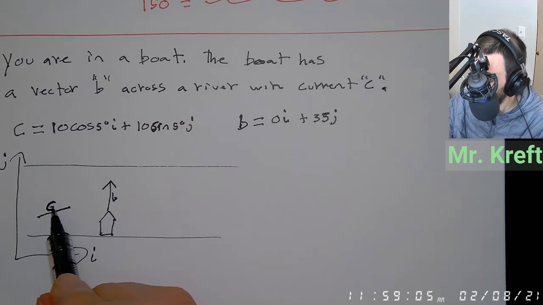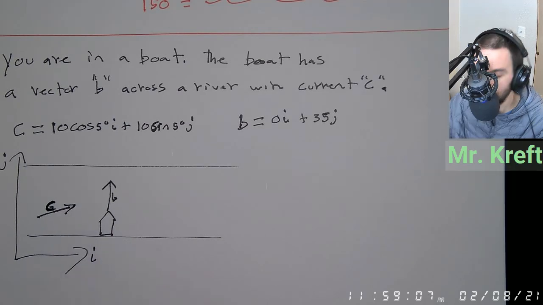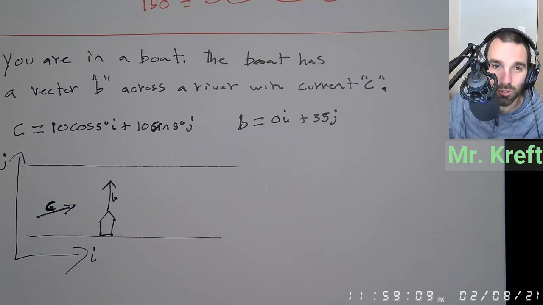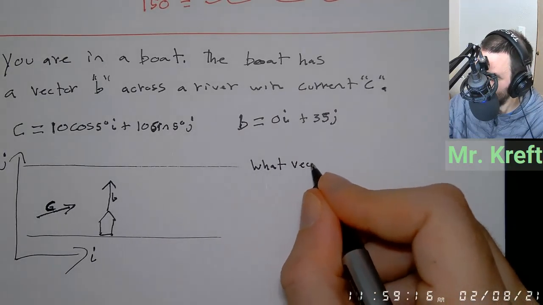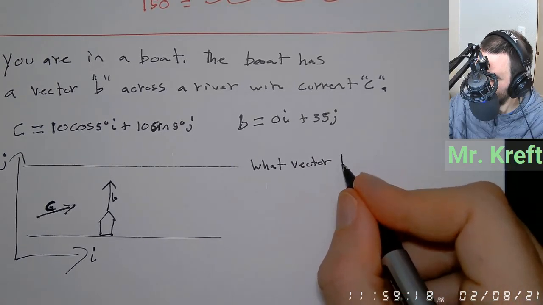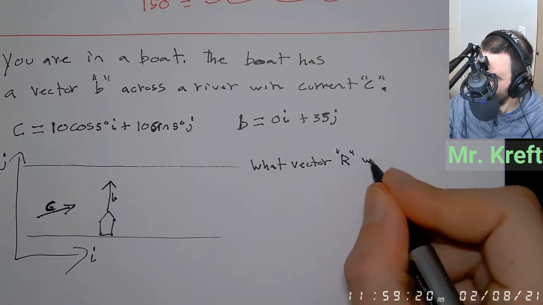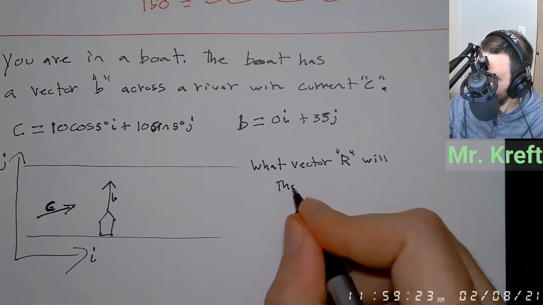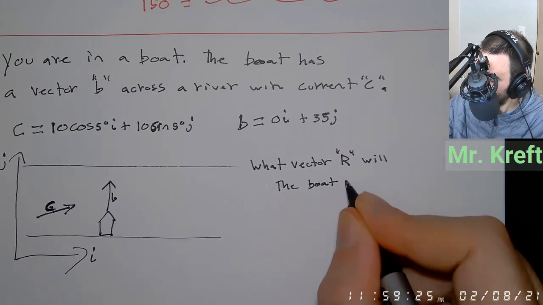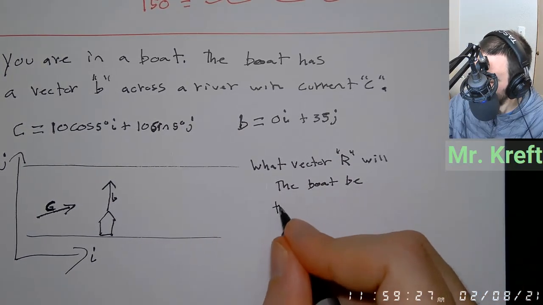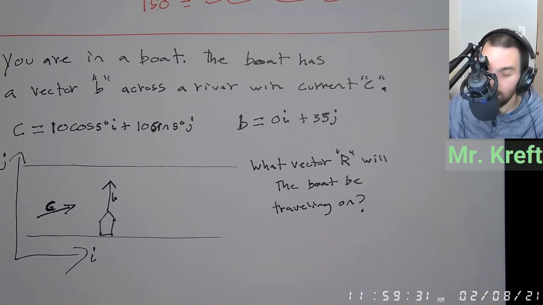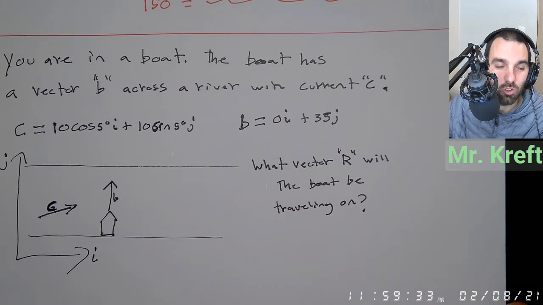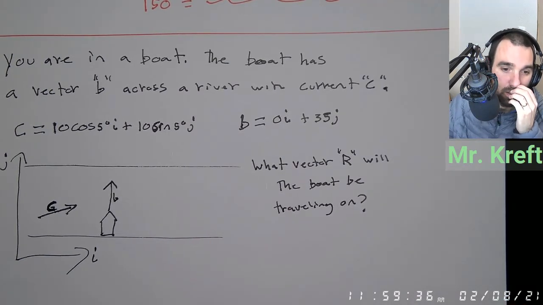Oops, C. Not G. C is for cookie. Okay, I want to know what's your resultant vector. So what vector R will the boat be traveling on?